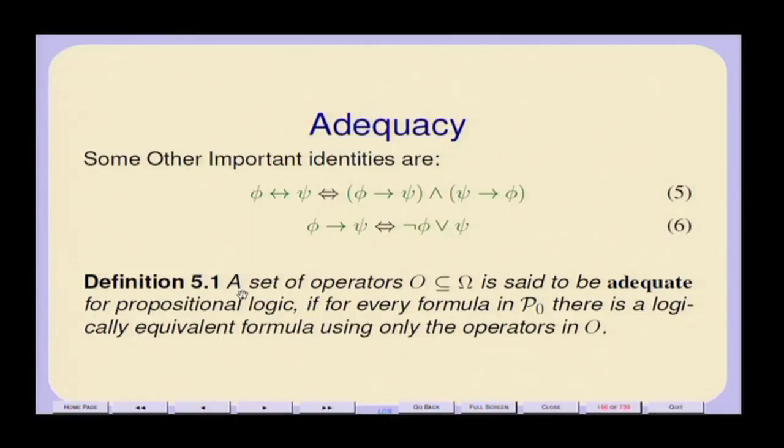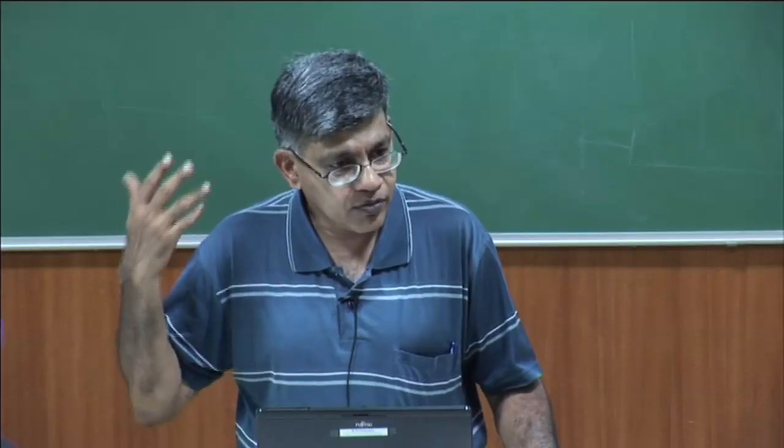So this omega is all those operators by which we originally defined propositional logic, right. So, it had top, bottom, not, and, or, arrow and biconditional.